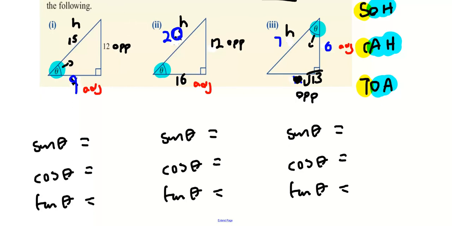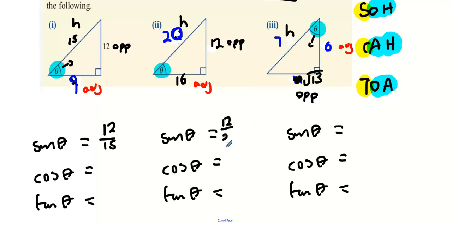Now let's start off with the first one. Sine. What do we use for sine? We use the opposite over the hypotenuse. So it's 12 over 15 in the first triangle. In the second triangle, opposite over hypotenuse will be 12 over 20.